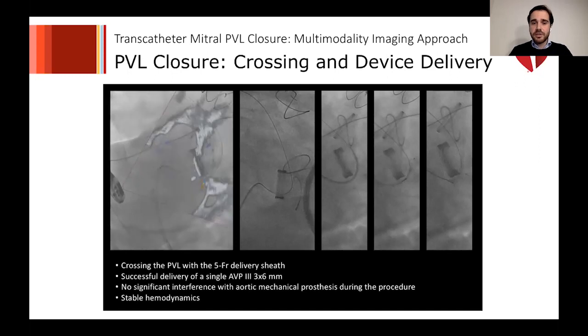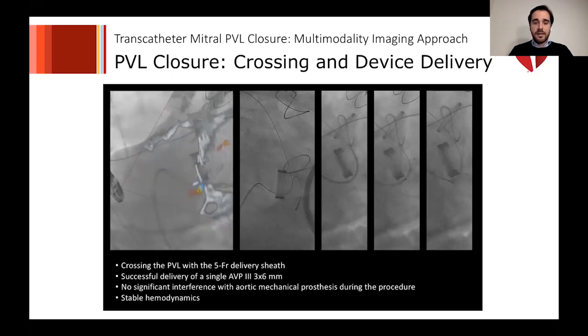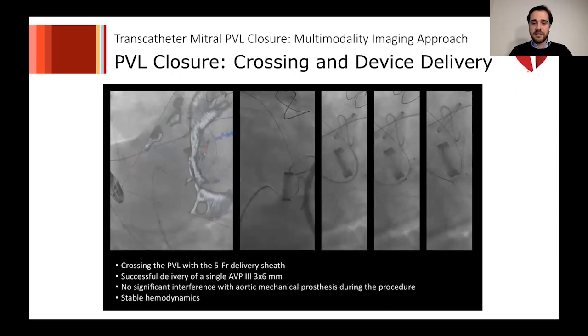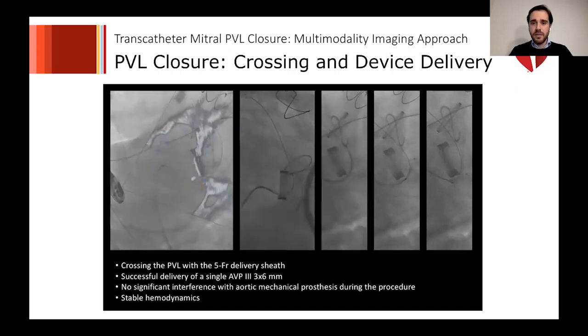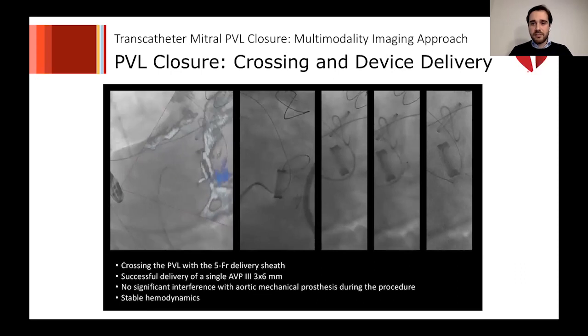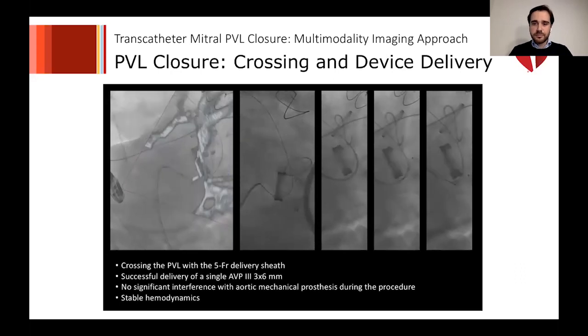And we performed our procedure using fusion imaging monitoring, which really enabled us to easily cross the PVL, but also to have a constant look at the function of the aortic prosthesis and the mitral prosthesis, and to assess our final result in real time. We successfully delivered our single Amplatzer vascular plug through the PVL, and we closed the defect effectively.